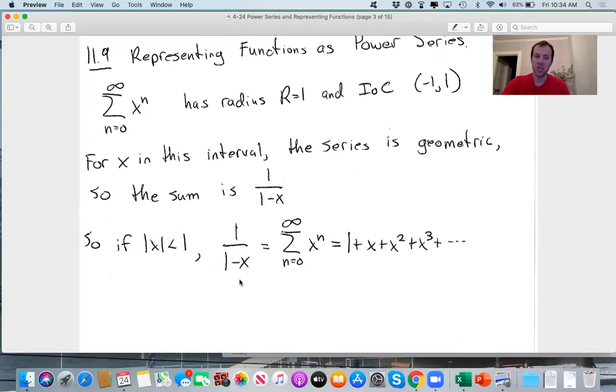What's also good is that polynomials are easy to compute. Powers of x, maybe with coefficients, are pretty easy to put in a calculator. In this case, 1 over 1 minus x is also not hard. But imagine if you had a power series for sine, and you want to know sine of 4.